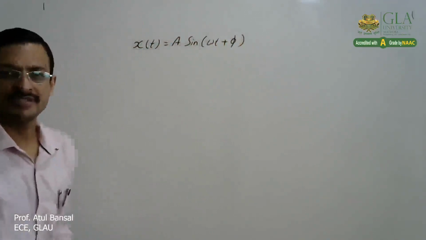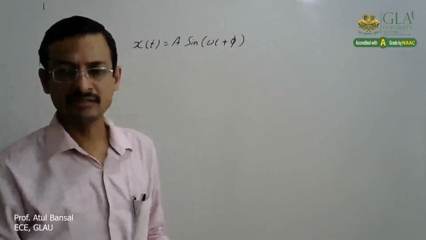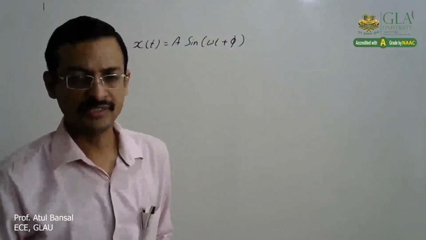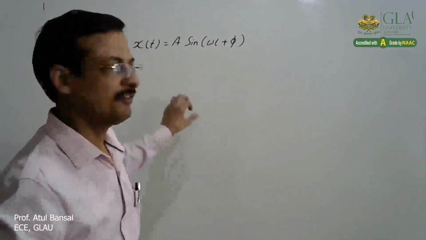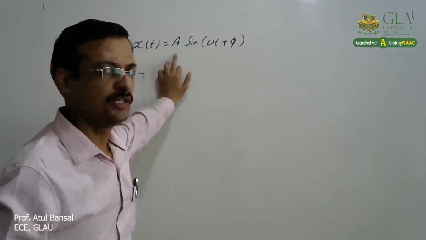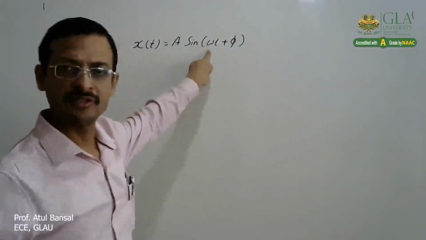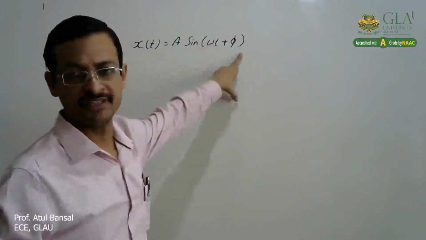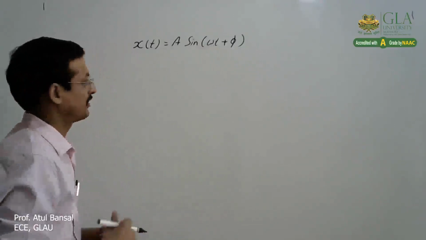x(t) equals A sine(omega t plus phi) is another important standard signal, that is the sinusoidal function, in which we already know that A is the maximum amplitude of the signal, omega is the angular frequency, and phi is the phase angle of the signal.